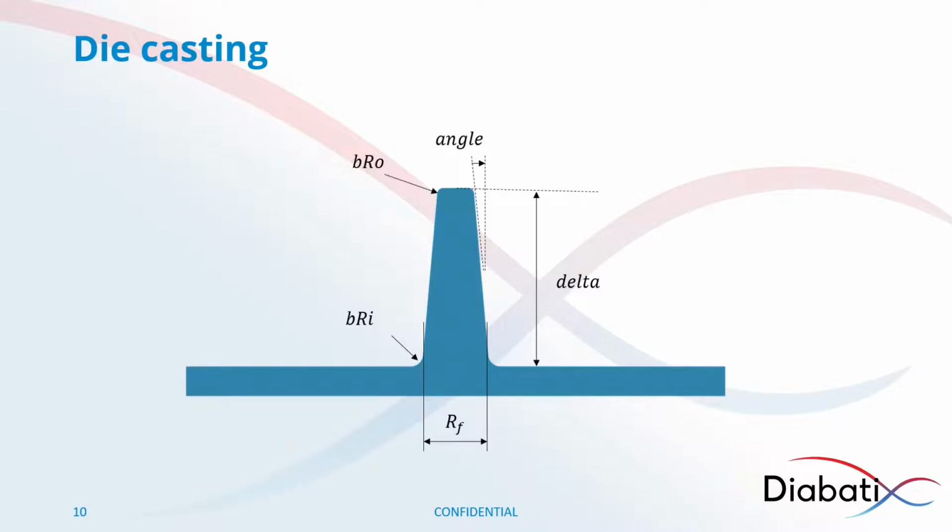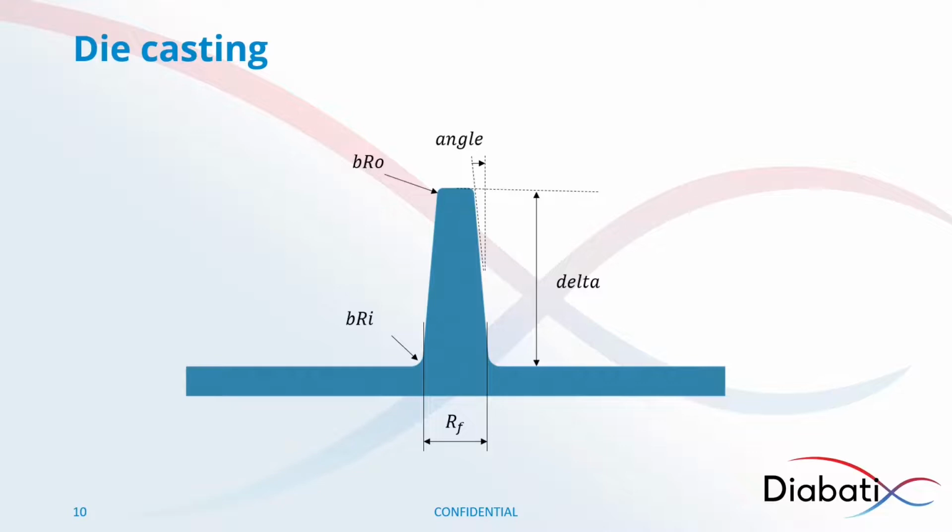Once you've included that, the next thing is the angle, and this is just the draft angle of the fins that you will have to include, and then of course the delta, which is basically the depth of the cooling channels. Other than this, the only other parameter that you need to include is the orientation, which is basically the orientation of the demolding direction for when you die cast it. So these are the parameters that you'll have to include.